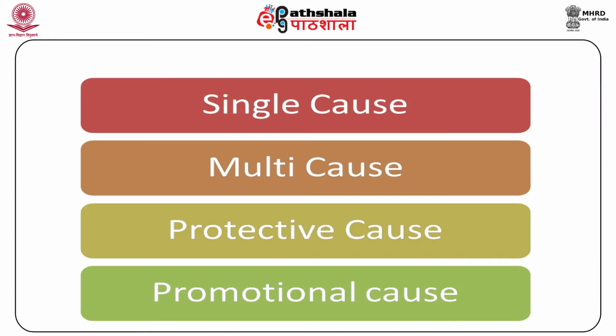The types of actions undertaken by these pressure groups: there are 4 types of actions or issues. One could be a single cause. The pressure group focuses on a single cause, such as environmental conservation, health issues, education and so on. Then multi-cause.